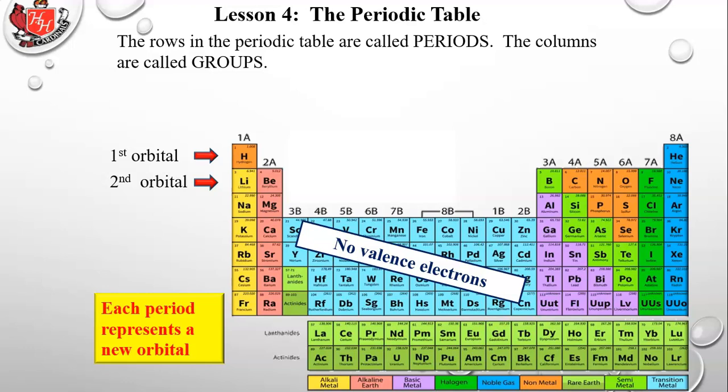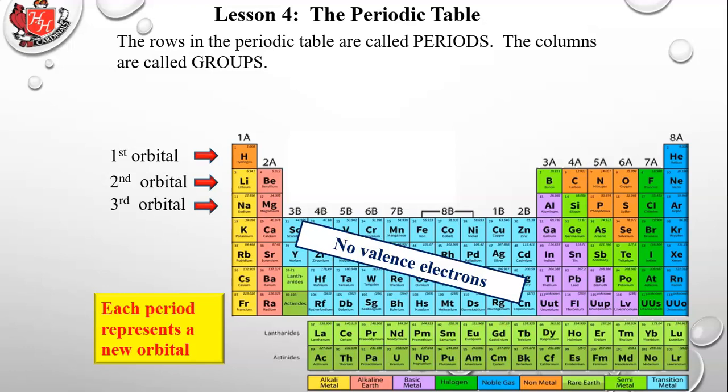Fluorine, F, 2 in the first and 7 in the second. And finally, neon at the end of the row has 2 in the first and 8 electrons in the second orbital. So the second orbital can hold 8 electrons, and then it's full. And then you go down to the third row, and that's going to be the third orbital. And the same progression occurs there.